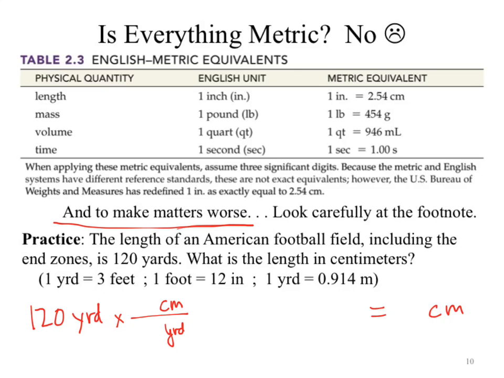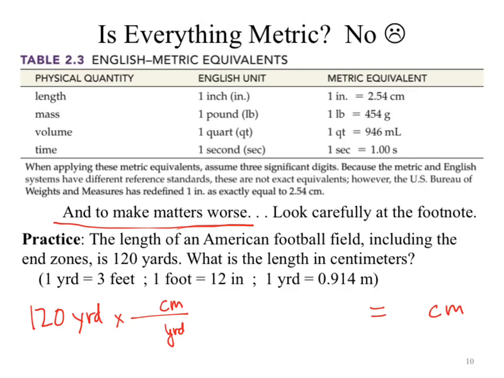We could go back through and look at all of our relationships, and I don't see one there. Do we have a conversion to get yard into something else? Yeah. So what we're trying to do is find a common relationship between yards and centimeters. We don't have an obvious one.